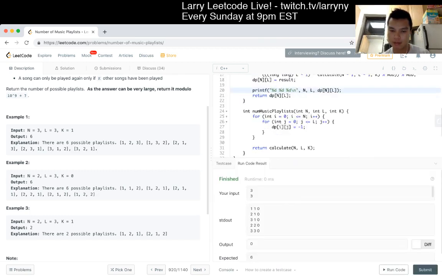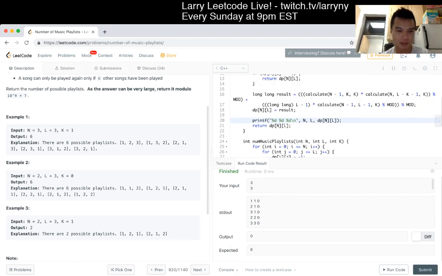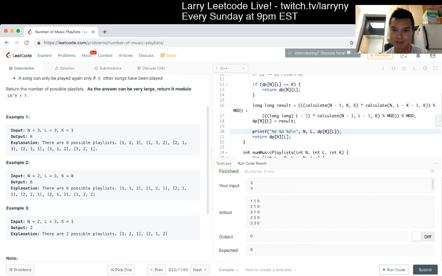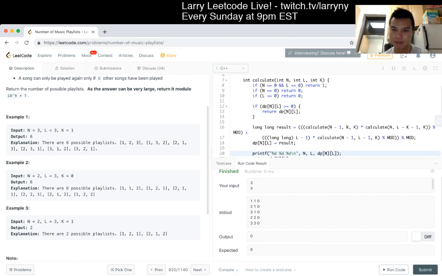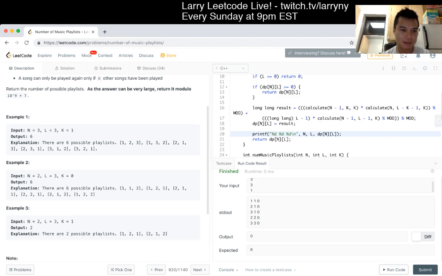Well, this is just zeros all the way. That's a little tricky. Why is that? Can we not get to 0?